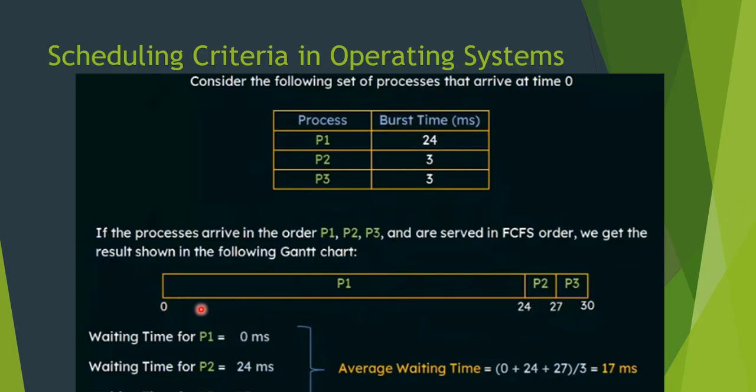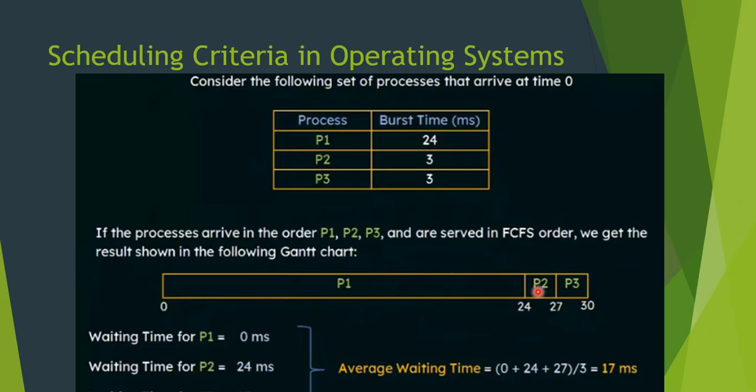As soon as it arrived at exactly 0, it began using the CPU for the next 24 milliseconds. Then how long did process 2 wait to be given the CPU? It had to wait for 24 milliseconds, until process 1 had completed using the CPU. So its waiting time was 24 milliseconds.